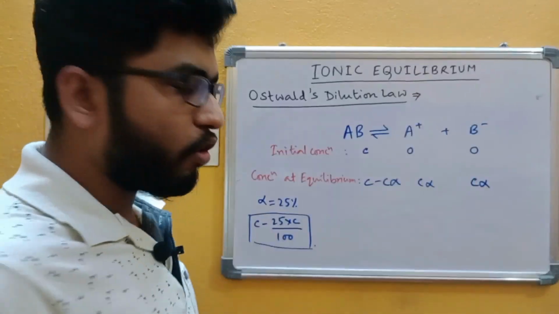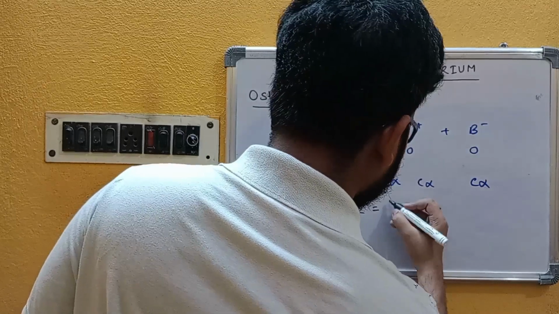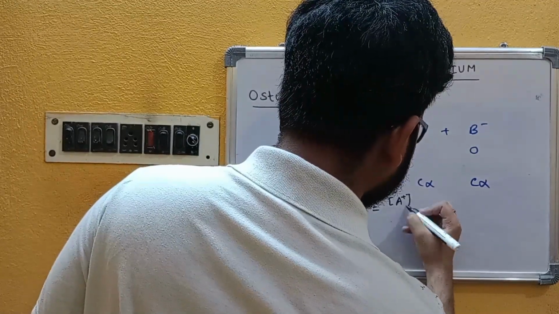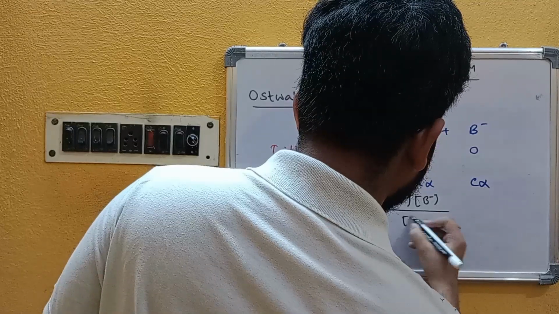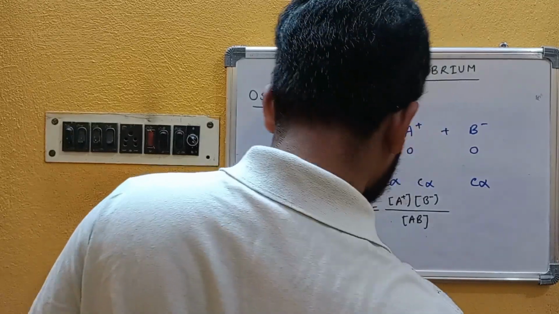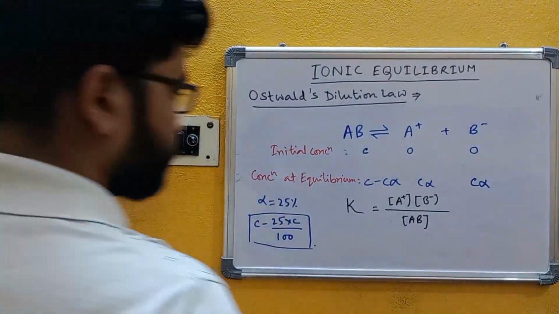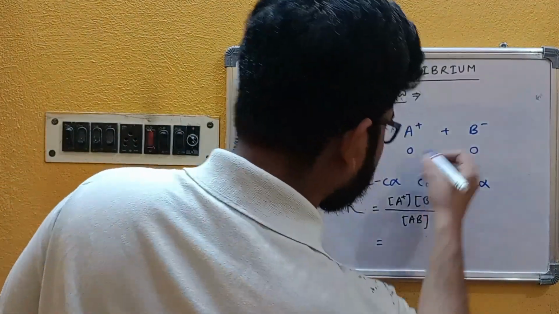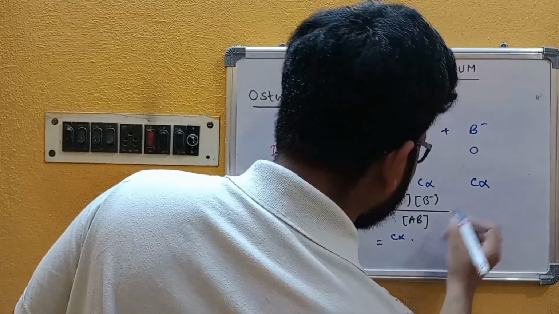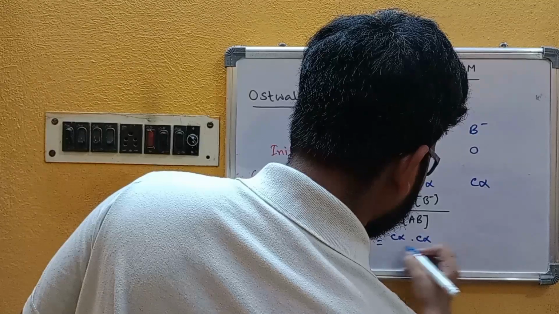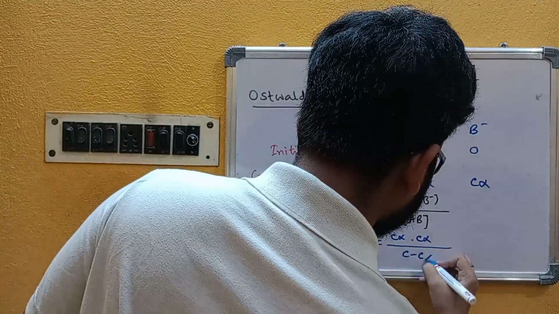Now according to the law of mass action, the equilibrium constant K will be the concentration of A plus into the concentration of B minus upon the concentration of AB. If we put these values, A plus concentration is C alpha, B minus concentration is C alpha, and the concentration of AB is C minus C alpha.